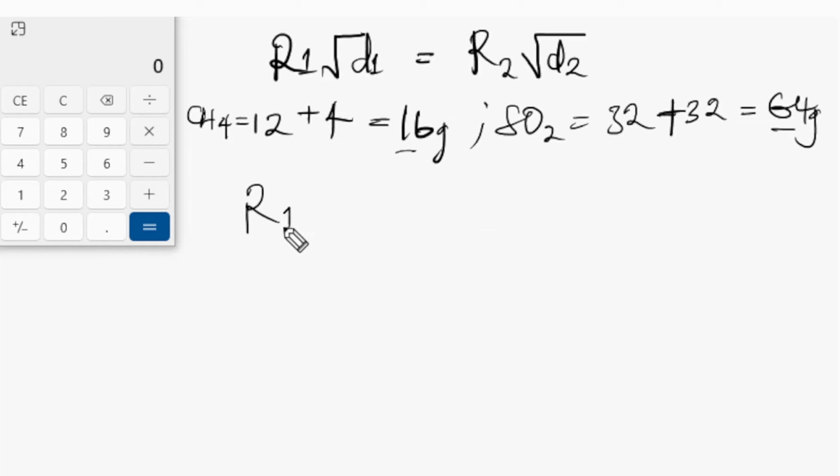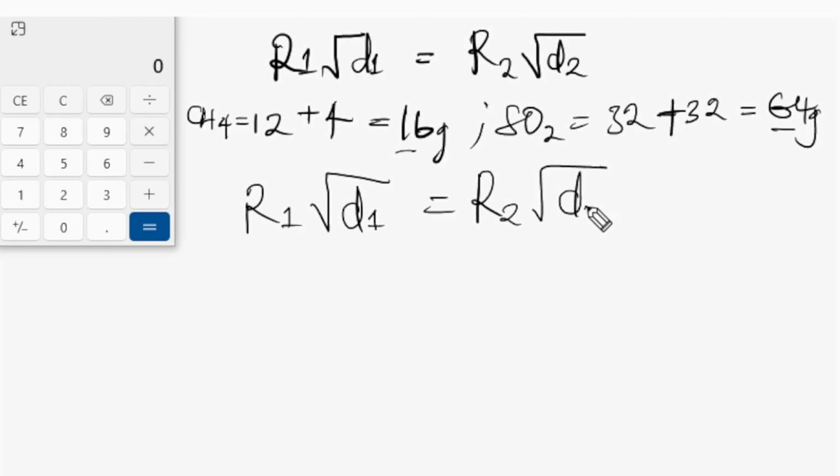So we have R1 root D1 is equal to R2 root D2.